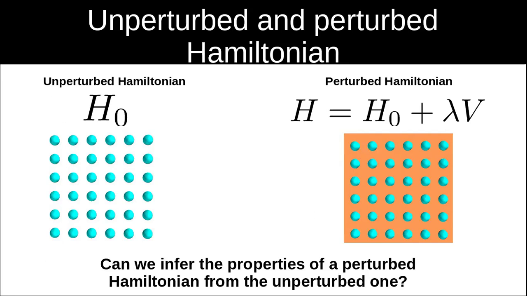Then when we make the perturbation, for example adding a small magnetic impurity or a local magnetic moment at one site, our Hamiltonian gets modified. This modification is what we parameterize as lambda v, where v is the perturbation and lambda is a control parameter that says how strong or weak the perturbation is.